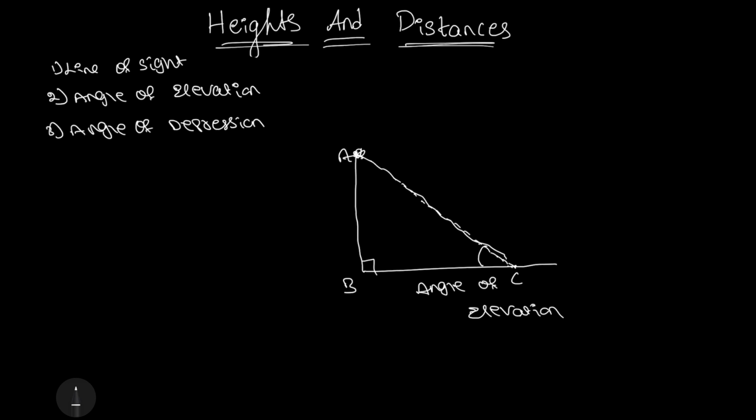Now, to understand the next concept, just make the positions reverse. Consider a person is standing at A level and he is looking at an object which is placed at sea level, right? So in this case, how will we see an object which is placed at a lower level to our eyesight?